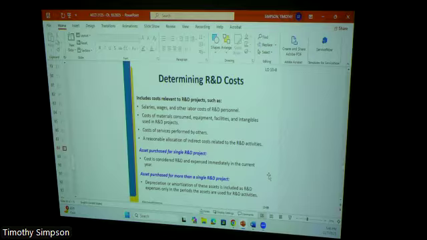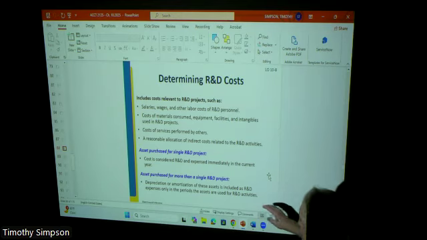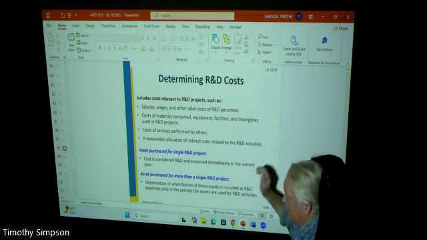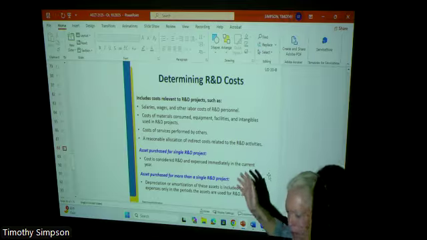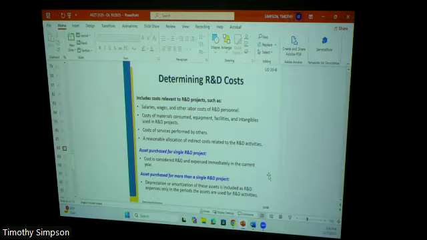When we talk about an asset for a single project, we're going to consider it R&D, and we're going to expense it immediately. Now, this differs from an asset that can be used for multiple projects, particularly an asset like a building, a lab, equipment, or computers, that maybe are dedicated to a specific research project, but at the end of that project, whatever happens, sometimes they leave it nothing.